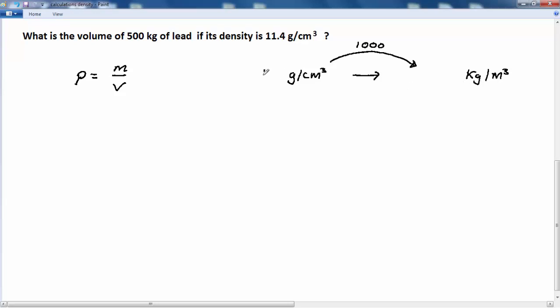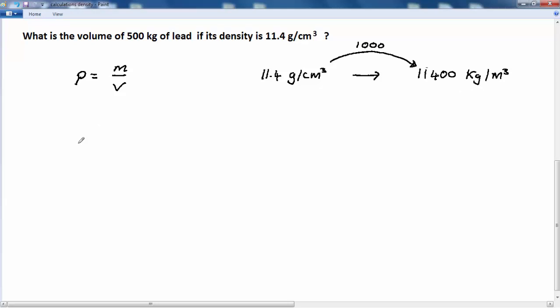So we can write 11.4 grams per cubic centimetre is exactly the same thing as 11,400 kilograms per metre cubed. That's what we're going to use now for our calculation. Both of these mean exactly the same thing. They are simply two ways of stating the density of lead, but this way is the more useful for this calculation.